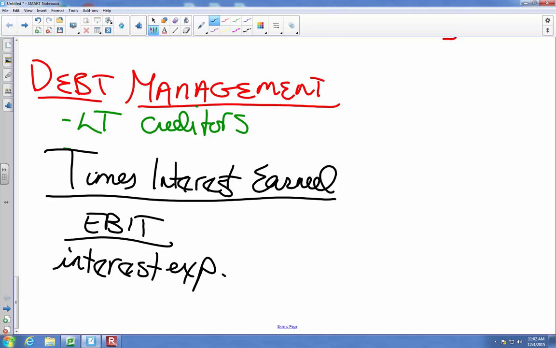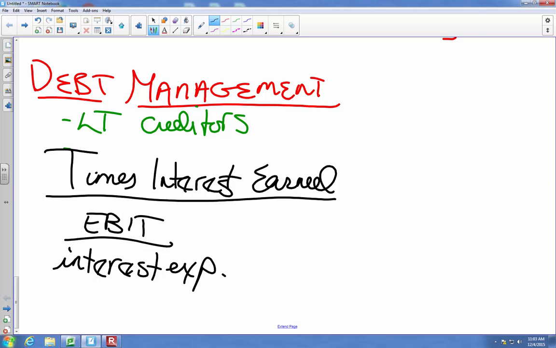Okay, last one, and then you guys just figure this for Monday, and we'll pick up there. Times interest earned says for my interest expense, how many earnings before interest and taxes do I have to cover it? What's that? EBIT, earnings before interest and taxes.